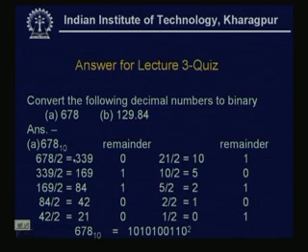678 divided by 2, the remainder is 0. For the second division, the remainder is 1. Similarly, I get these remainders.